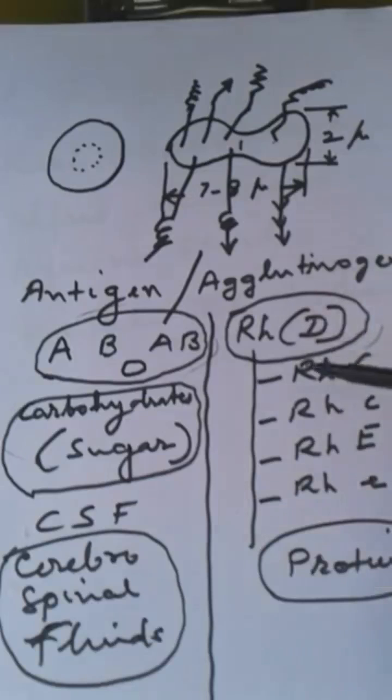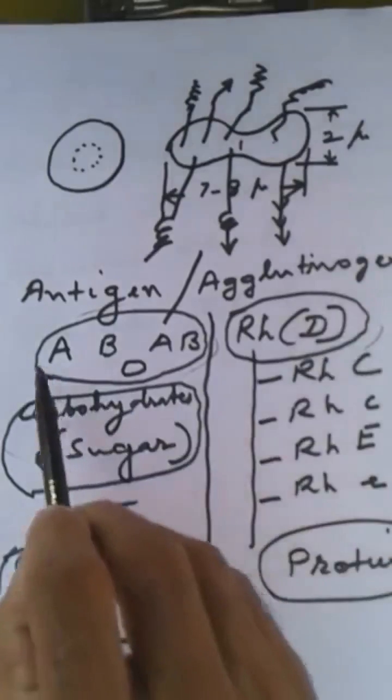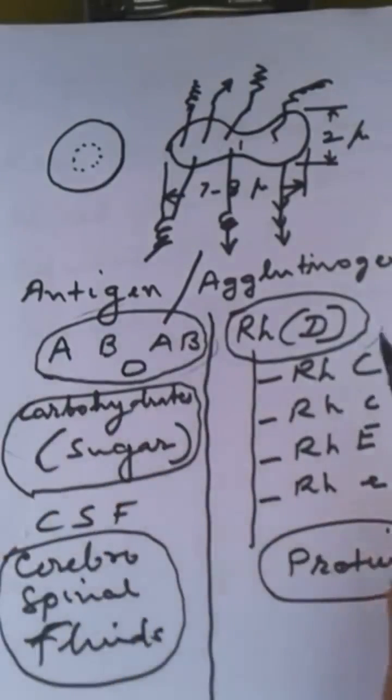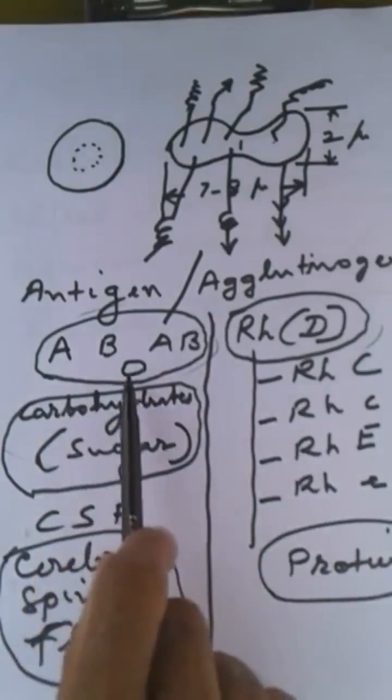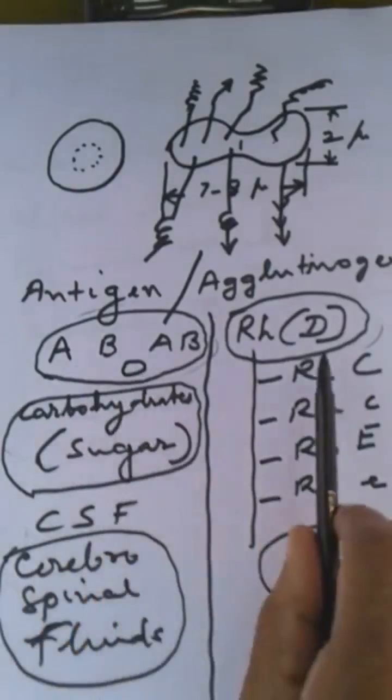Out of that, the RHD and ABO systems are combined together, and they are used clinically in our hospitals and wherever necessary. When a transfusion is done, they take care of ABO and RHD.